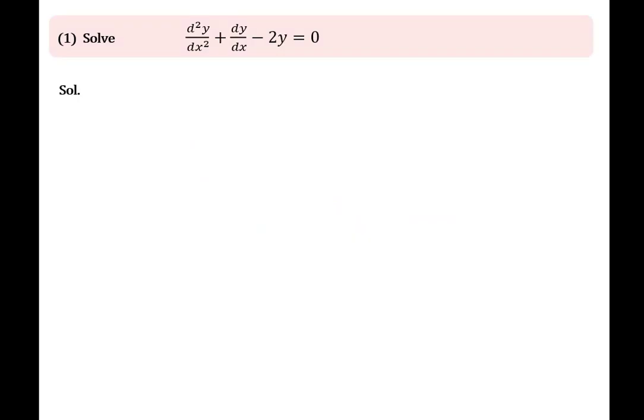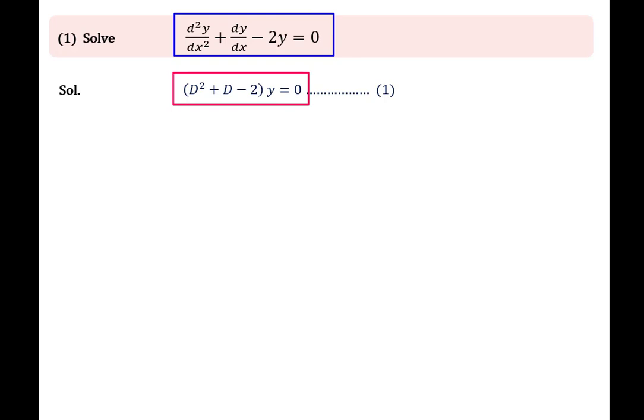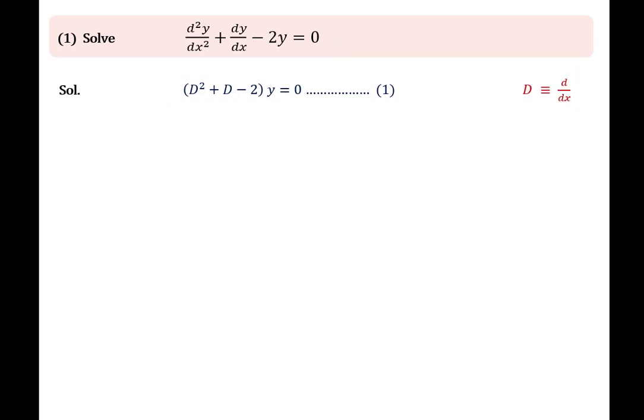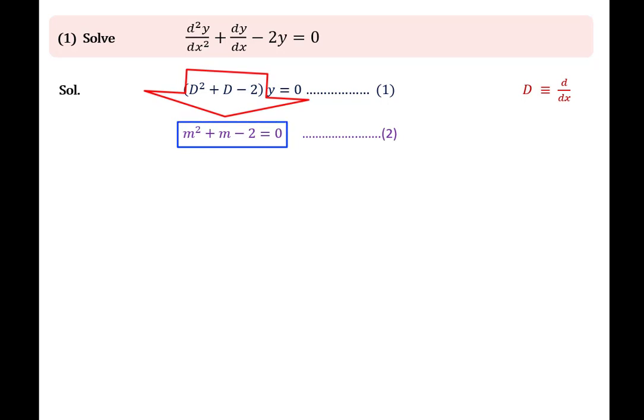First question. The given differential equation can be written as (D square plus D minus 2) y is equal to 0, where D stands for d over dx. To find the auxiliary equation, replace D by m in the coefficient of y of differential equation 1, and we get the auxiliary equation m square plus m minus 2 is equal to 0, which is a second degree polynomial in terms of m.